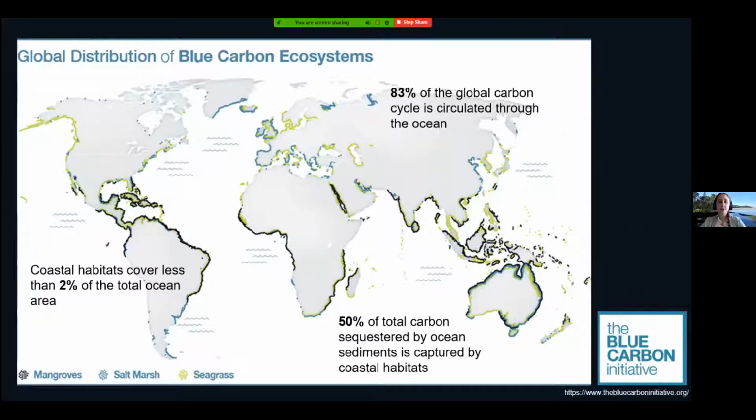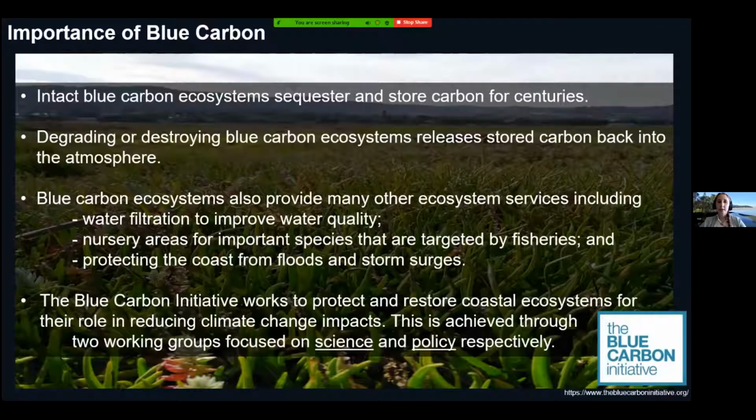However, 50% of the total carbon sequestered by ocean sediments is captured in these coastal habitats. Therefore, intact blue carbon ecosystems are important because they can sequester and store carbon for centuries. Degrading or destroying blue carbon ecosystems releases this carbon back into the atmosphere.